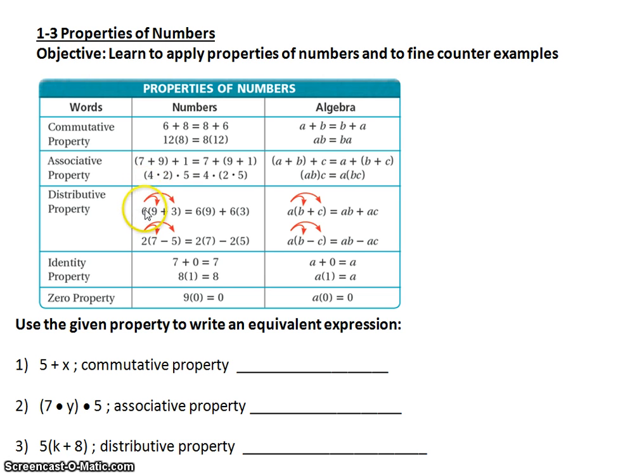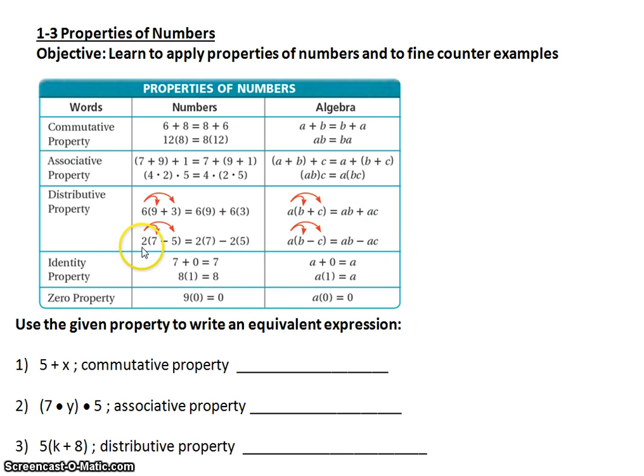We take 6 and multiply it by the first number, which is 9, and then 6 multiplied by 3. The operation sign is carried over, and that's addition. Over here is the example without numbers, and we're using variables.